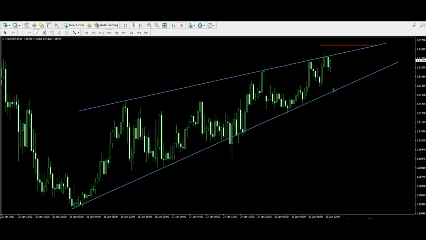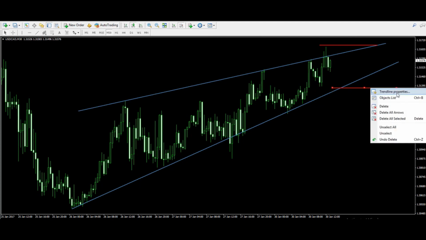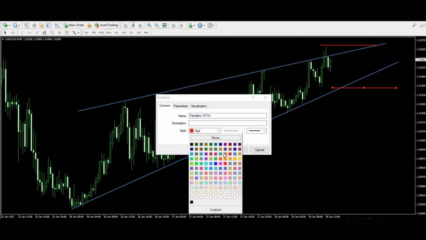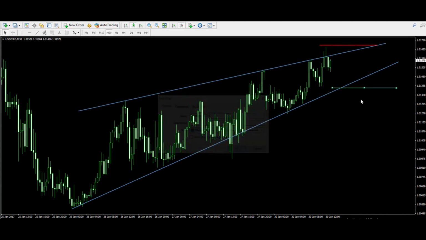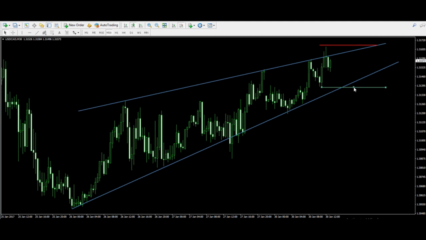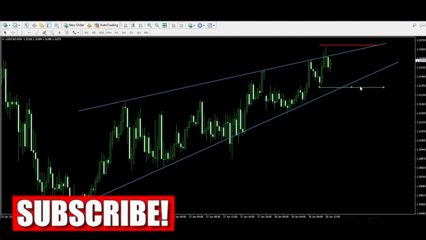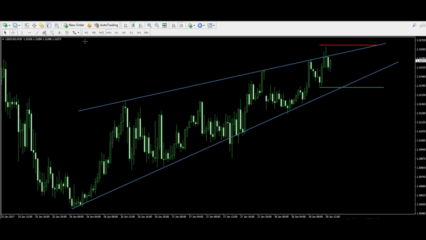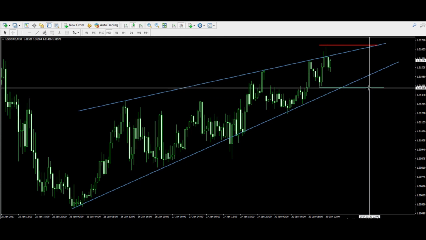Let's put the entry point on the chart. Let's say the wedge breaks here. We're going to mark the level with green. So if the wedge breaks here, we're going to sell here.